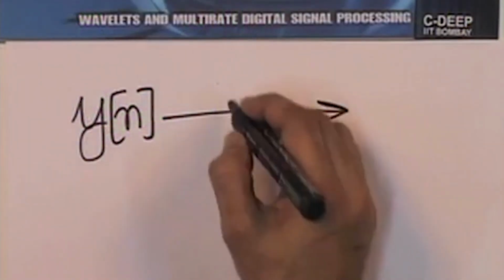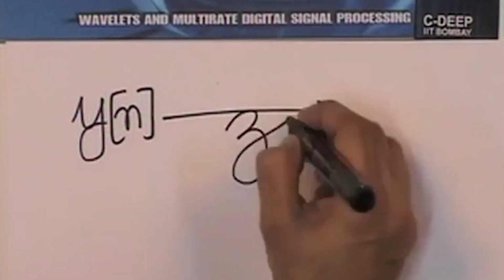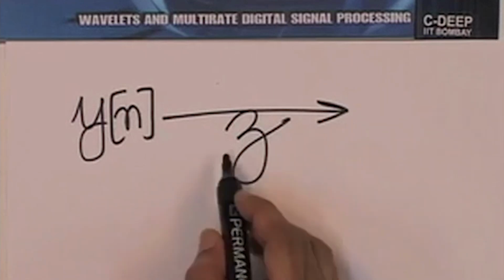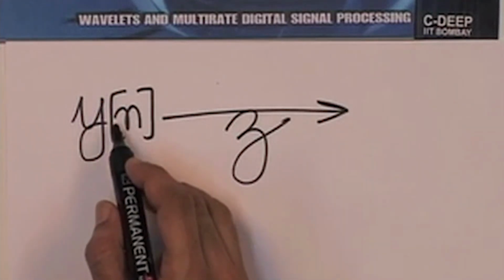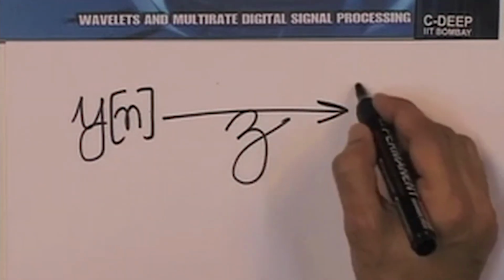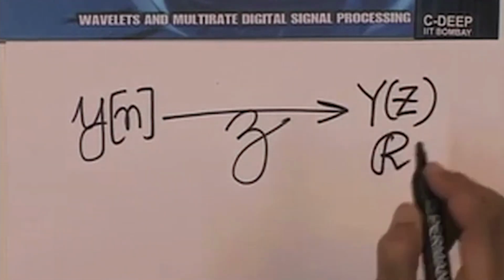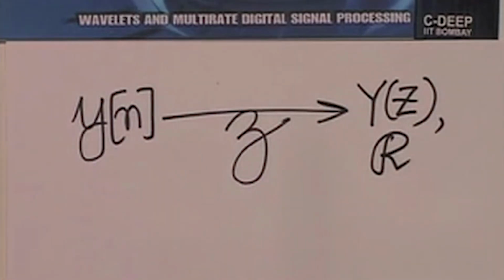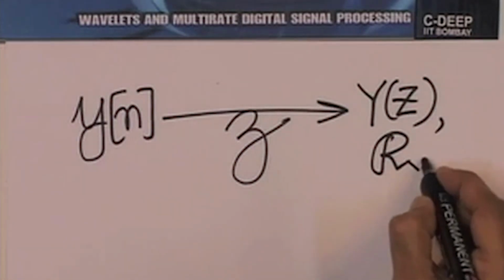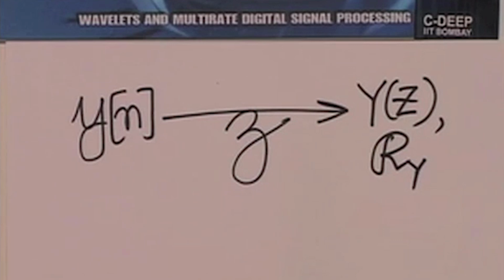If y of n has the z transform, which we shall denote by script Z like this, what we mean is that y of n has the z transform given by Y of z with a region of convergence R. Maybe if we want to be specific, we could say the region of convergence of capital Y.